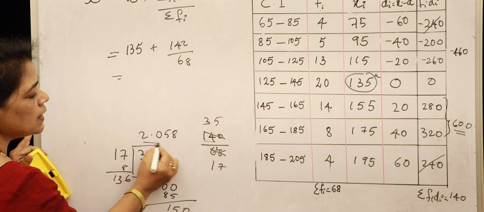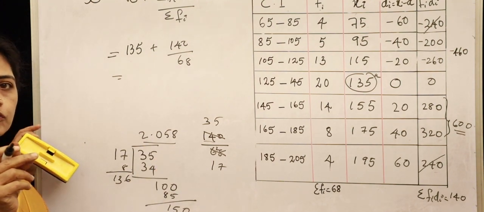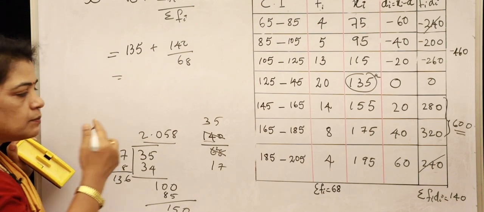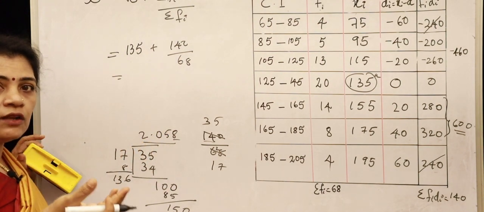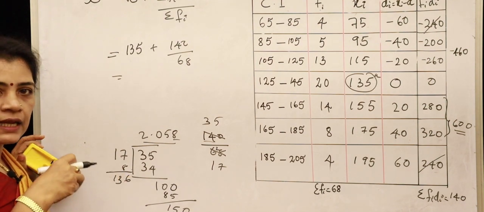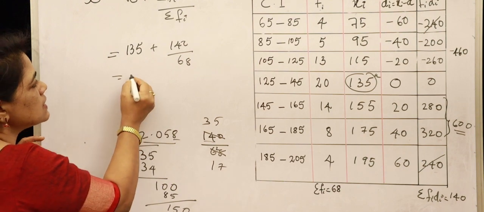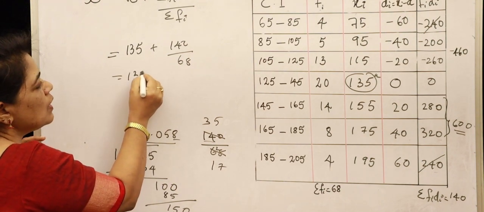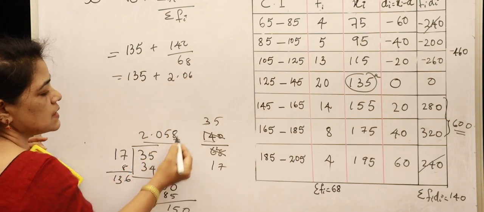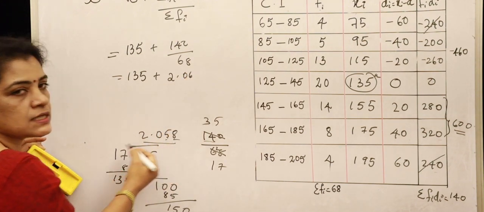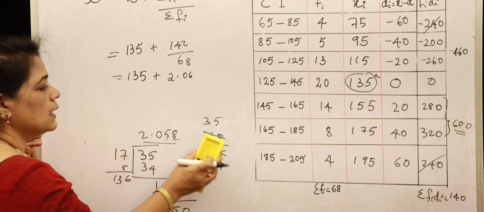So here 2.058, we can round off to 2 decimal places by looking into the third decimal place being 5 or more than 5. You can add 1 with the second decimal place, that is here now 5 becomes 6, that is 135 plus 2.06. 5 becomes 6, being the third decimal place is 5 or more than 5.